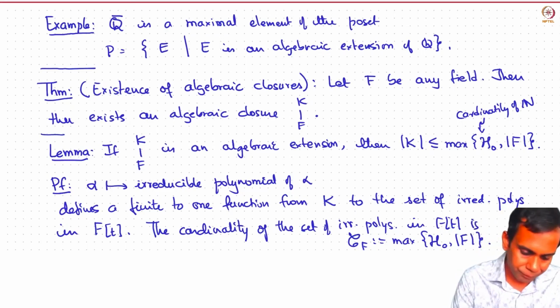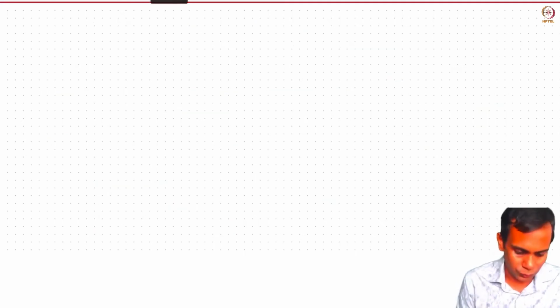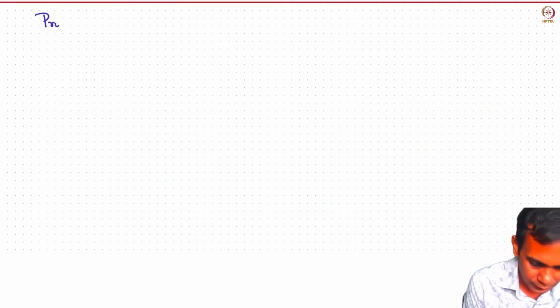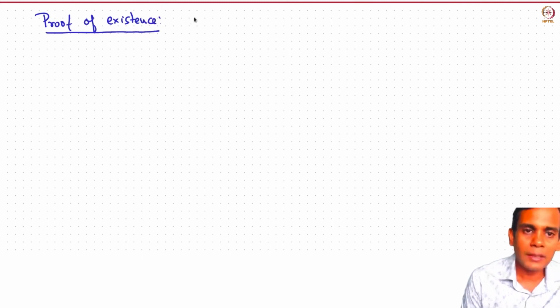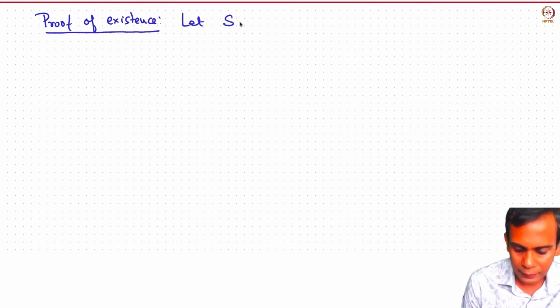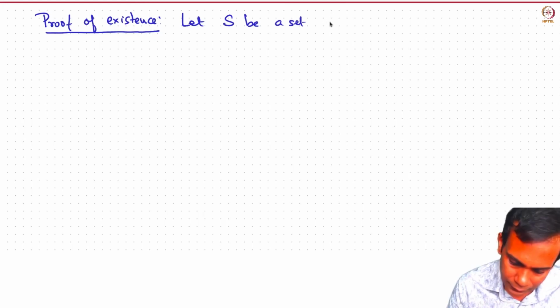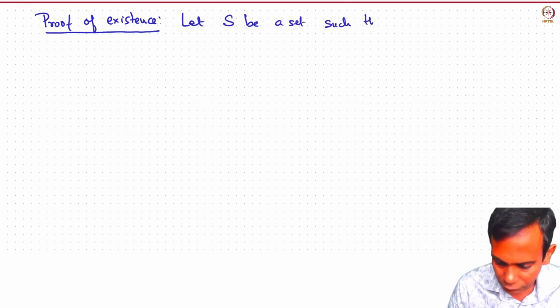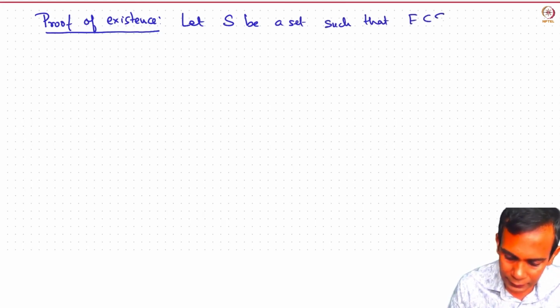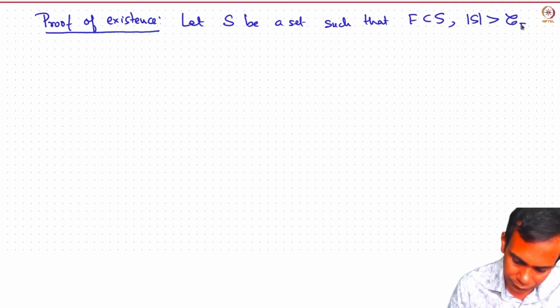And now let's go on to the proof. So proof of existence. To start with, let S be a set with sufficiently large cardinality such that firstly F is contained in S, and secondly the cardinality of S is greater than CF.